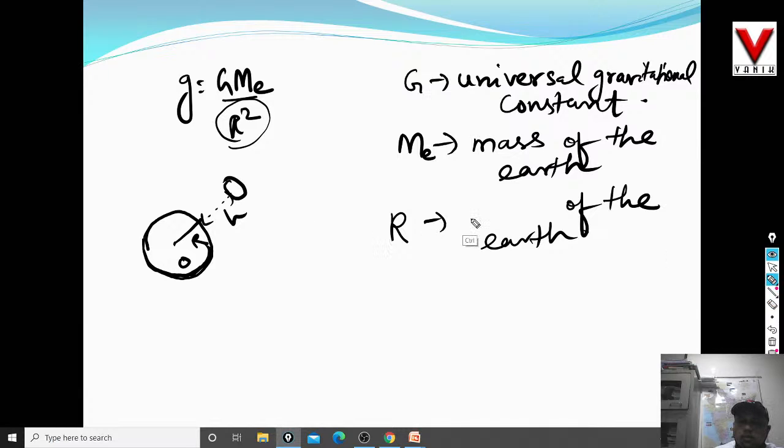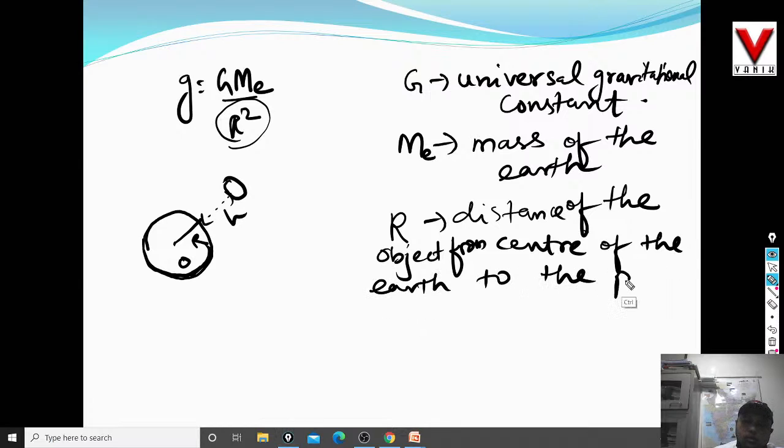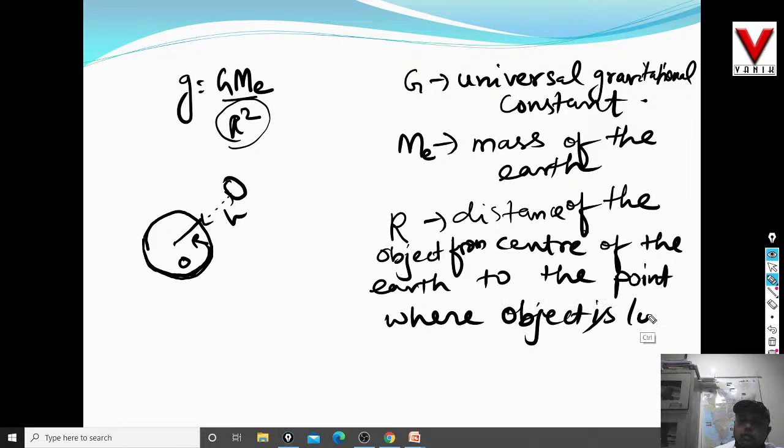So this r is the distance from the center of the earth to the point where the object is located.